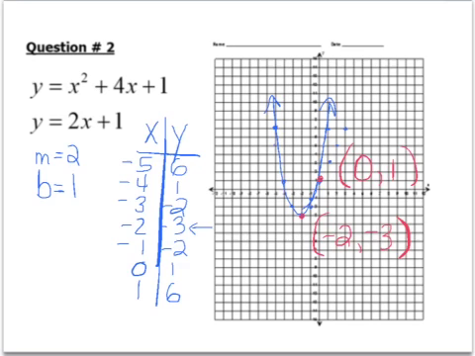This is why I want to be very accurate with where I place my points, and then check on the graphing calculator tomorrow in class when I show you exactly how to use it, because I want to make sure that I have the correct points of intersection. And so I have two solutions, 0, 1, and -2, -3.